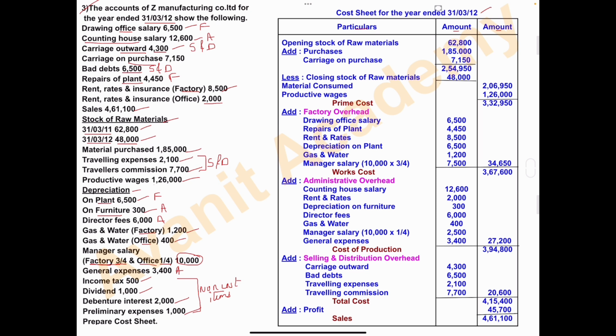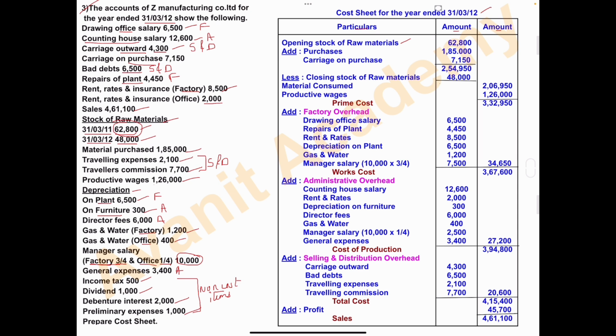Opening stock of raw material. So write here opening stock of raw material. How much is it? See in the problem, stock of raw material on 31st March 2011, the amount is 62,800. This is the opening stock of raw material.